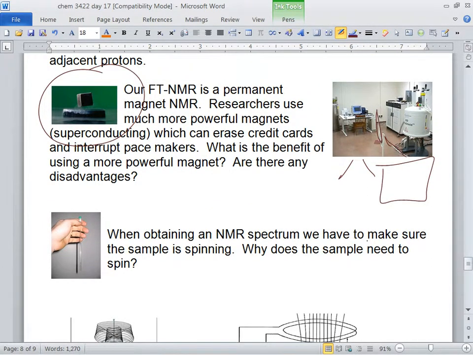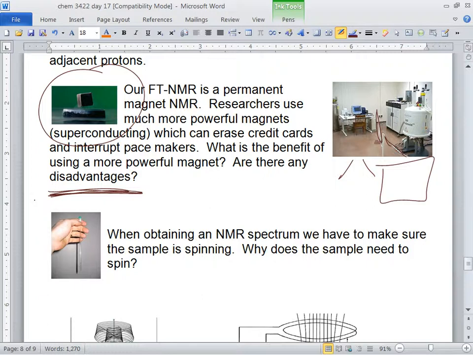So that's the advantage. How about a disadvantage of these superconducting magnets? Can you think of one? The pacemaker idea, that's kind of bad, right? You've got to put up signs and stuff, but still, that doesn't sound so good.